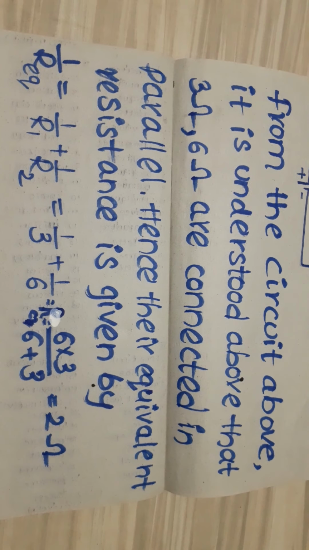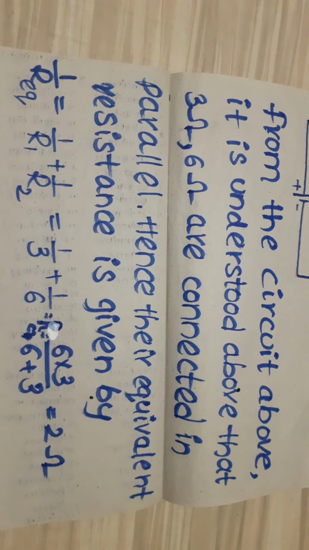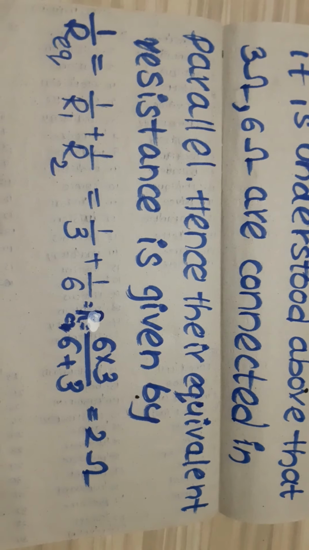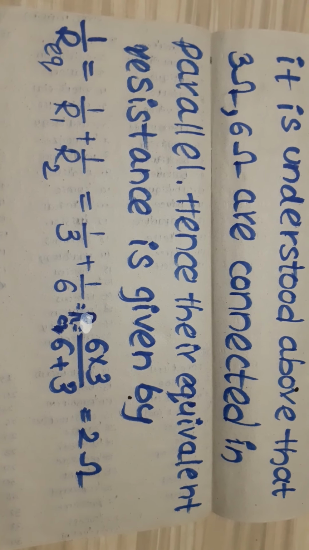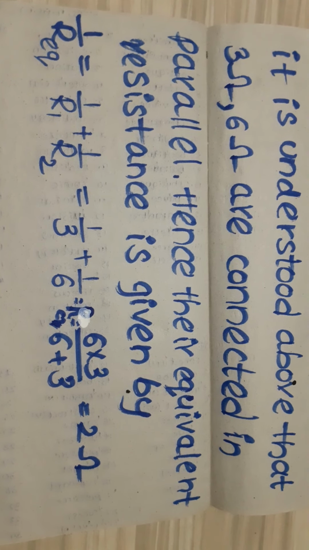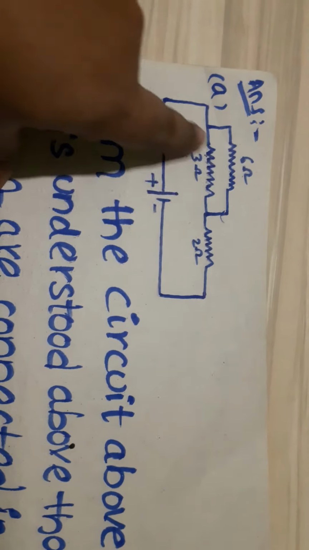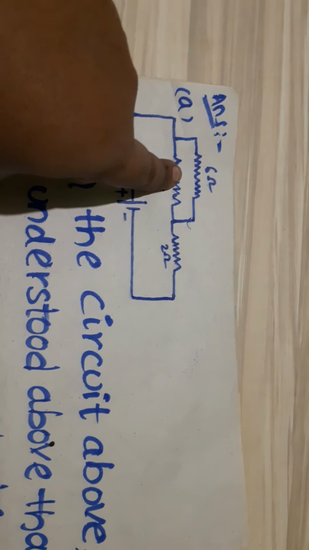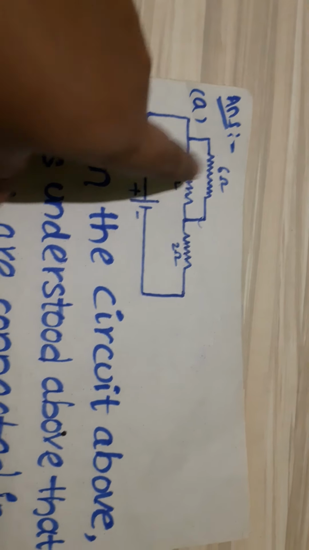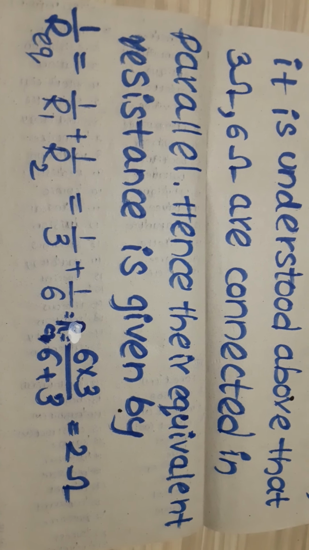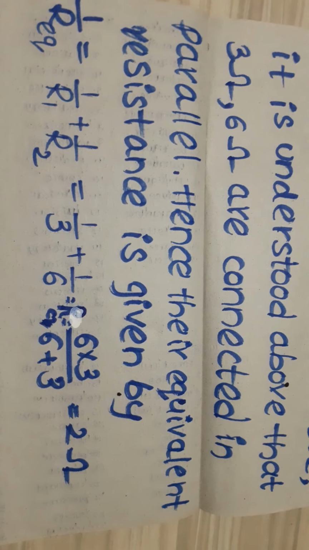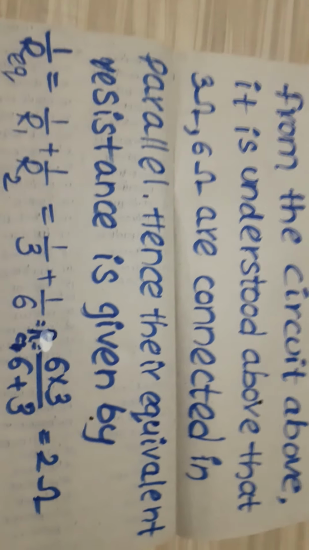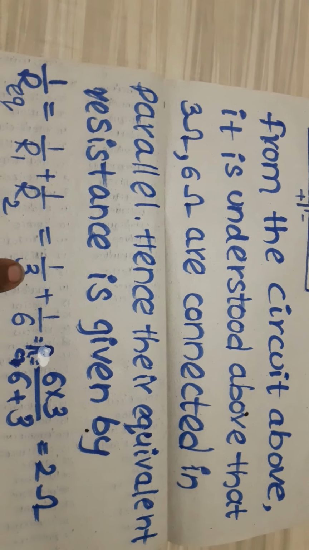Hence the total equivalent resistance formula is 1 by R equivalent equal to 1 by R1 plus 1 by R2. I am going to find only this parallel combination's total equivalent resistance. Substituting the values, 1 by 3 plus 1 by 6 equals 1 by R equivalent.